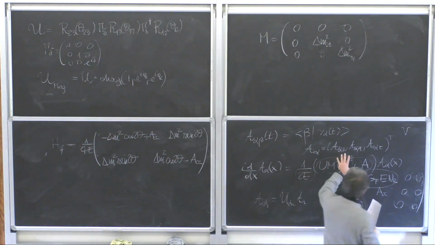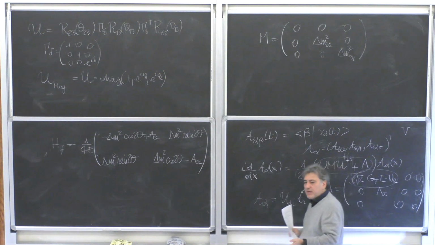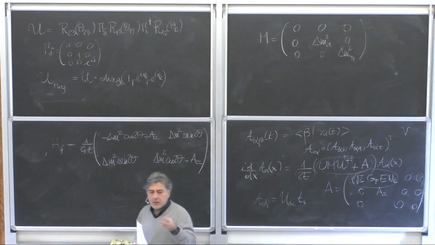This was the flavor Hamiltonian, and to simplify things, let's consider 2 generations.